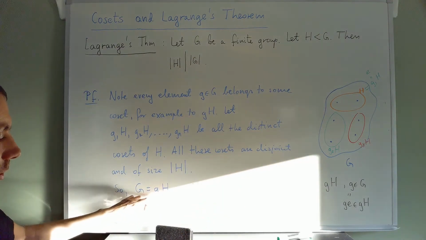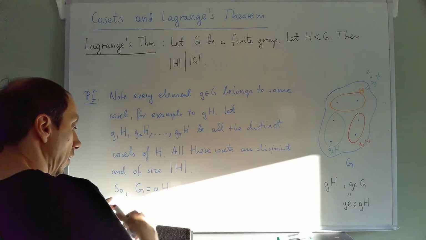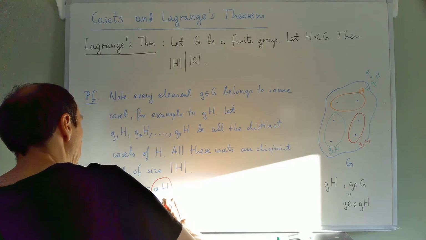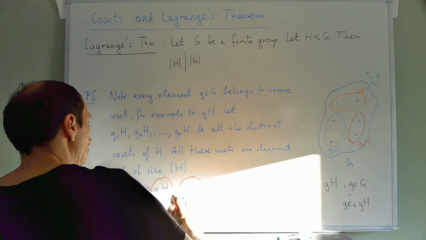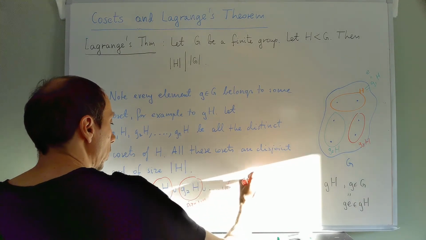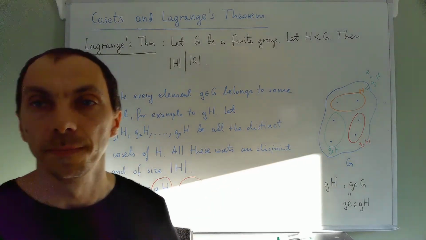And so this union exhausts G. Each of these has size of H. I don't say orders because they're not groups. And they're all disjoint.